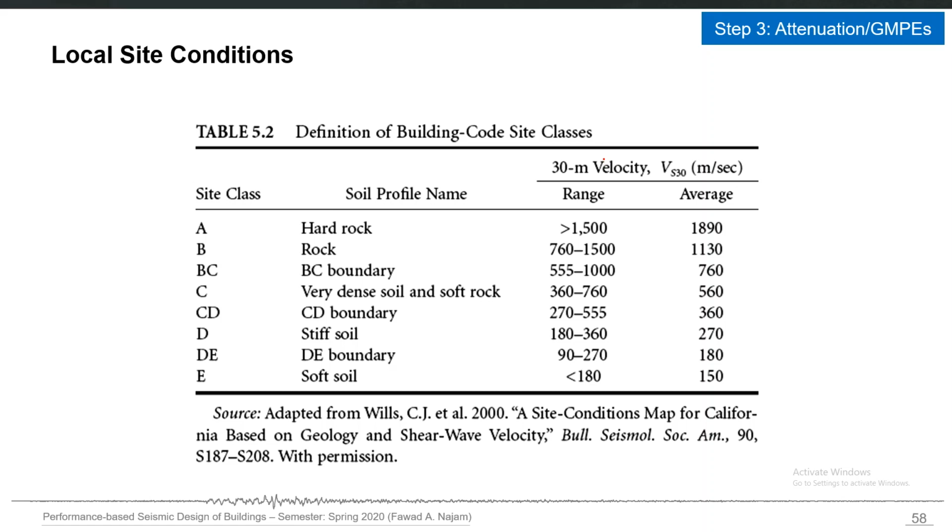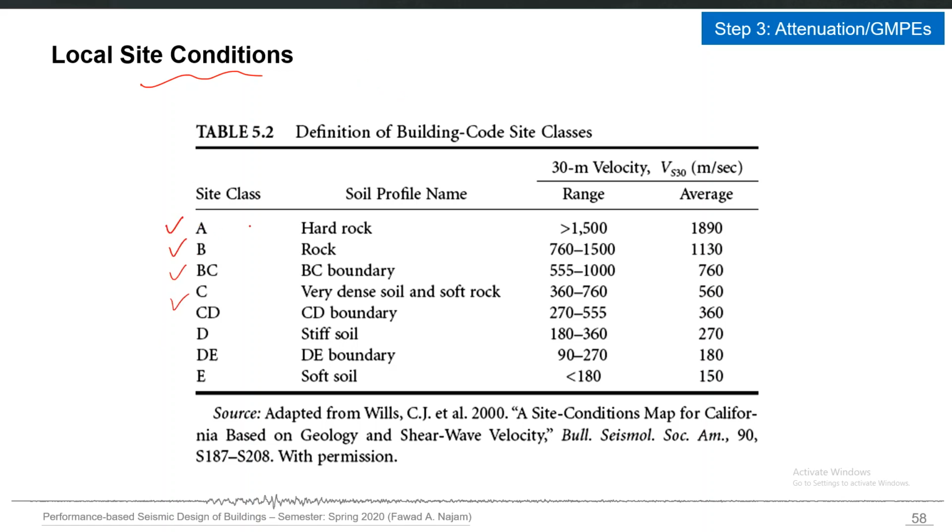So the next important parameter which is part of the GMP is the site condition, and we know that different building codes classify the sites based on the quality or type of soil into site classes.